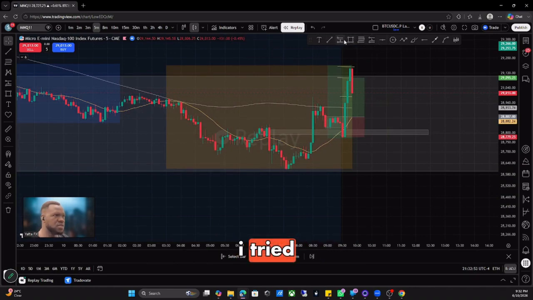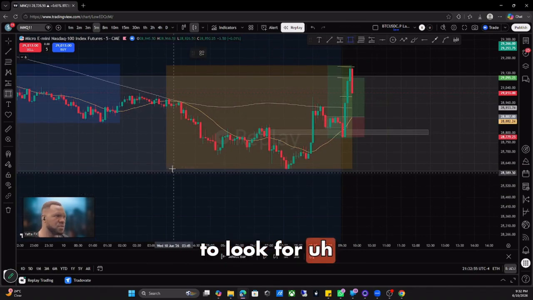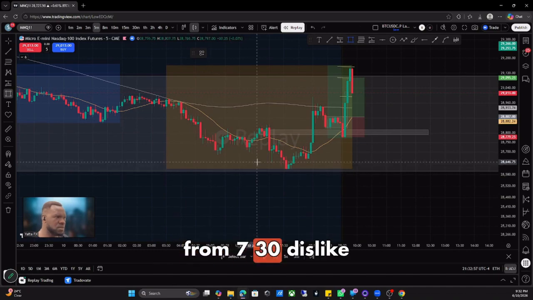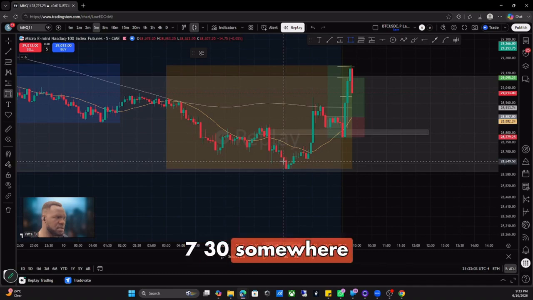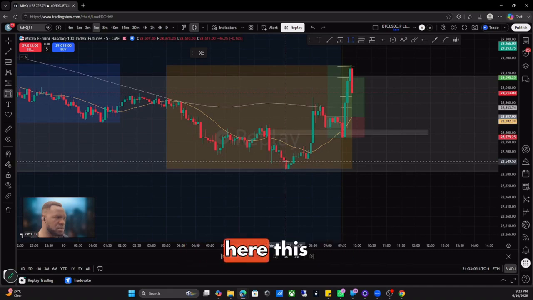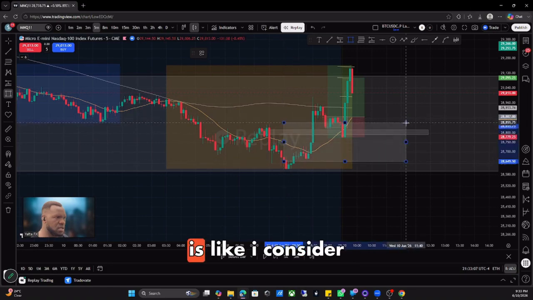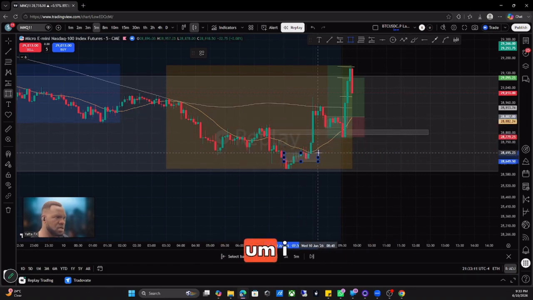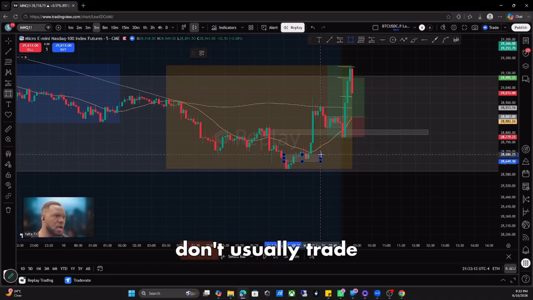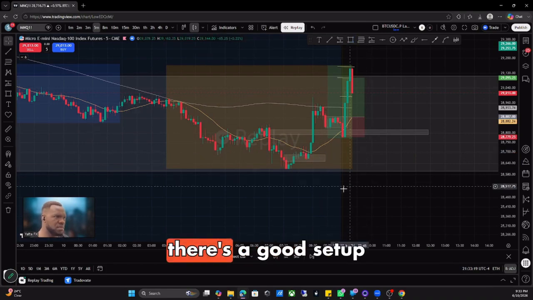So I try to look from 7:30, this pre-market here. I consider it a pre-market. I don't usually trade this, but I'll just sit there and watch. Sometimes I trade it if there's a good setup.